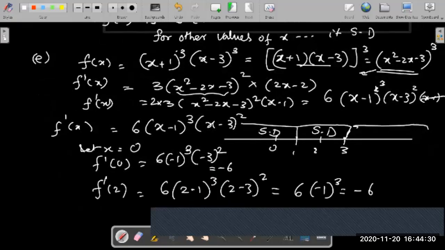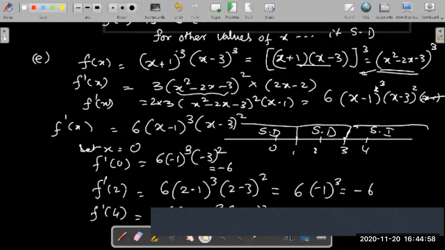And let's see what will happen to the other one, 3. That means any value, I'll give 4 here, f dash 4. So f dash 4 will be 6 into 4 minus 1 whole cube, 4 minus 3 whole square. So this is totally positive because 4 minus 1, 3 cube is 27, 6 into 27 into 1, which is positive. Therefore, strictly increasing.